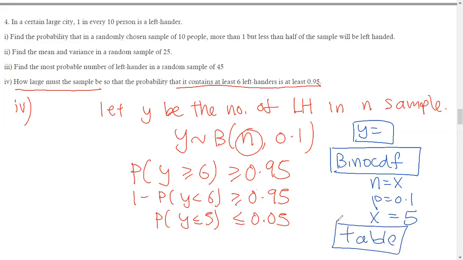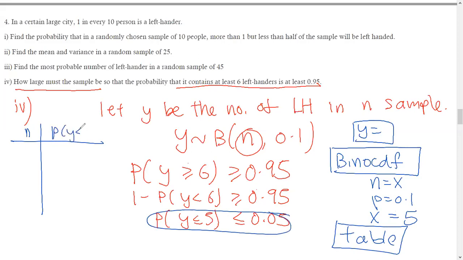From the table, what should we be able to see? Same thing, the table will have 2 columns. The first column is n. In this case, you have to search a bit, because what we want is the probability of Y less than or equals to 5 to be less than or equals to 0.05. If we search, the n value must be somewhere close to 90.